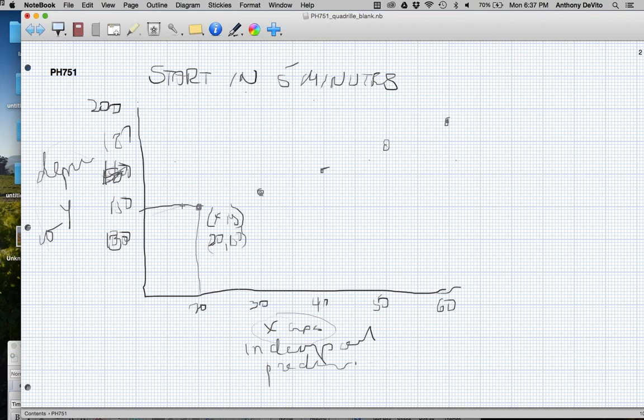Each 10 years added another 10 pounds, an exact amount that you would expect after each 10 years. It's linear. If I drew a line between these, it's a perfect straight line.